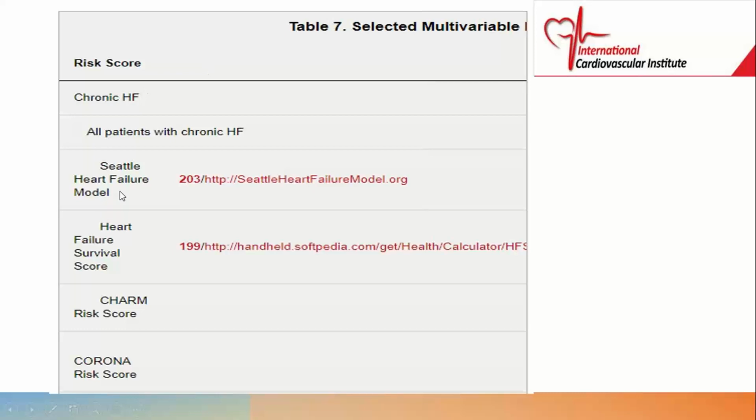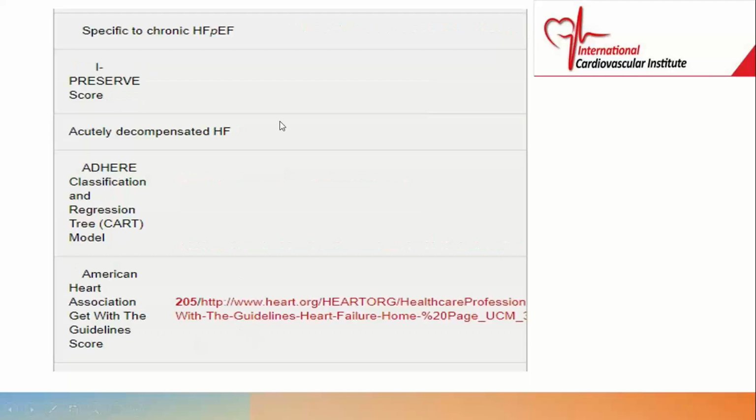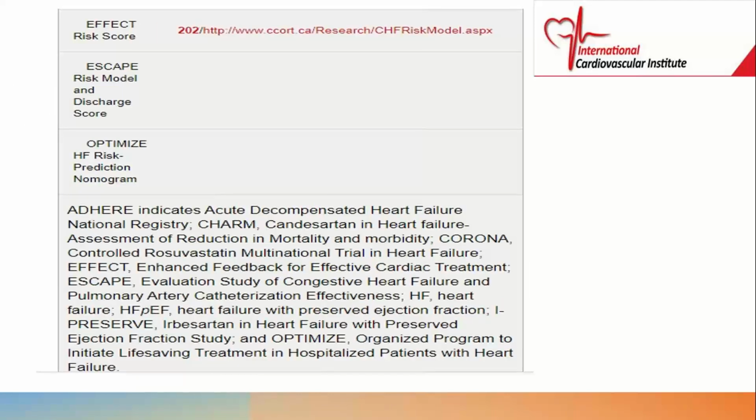So the Seattle, the CHARM, and the Corona. For patients with preserved ejection fraction, you use the iPreserve score. And then for acutely decompensated patients, that is patients in the hospital, you use the Hader classification and regression tree chart model. And the American Heart Association guidelines, you can use that.